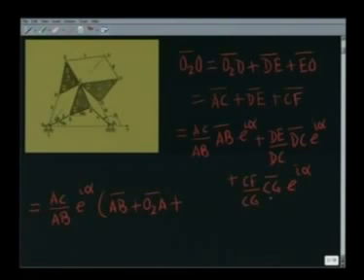That leaves me with this vector CG, which is the same as BC, because CG and BC are of equal length and they remain parallel. So, I write this as BC, which means the vector O2O finally comes out as AC by AB e to the power i alpha, and this is the summation of these three vectors, namely O2A plus AB plus BC, which is nothing but the vector O2O4.